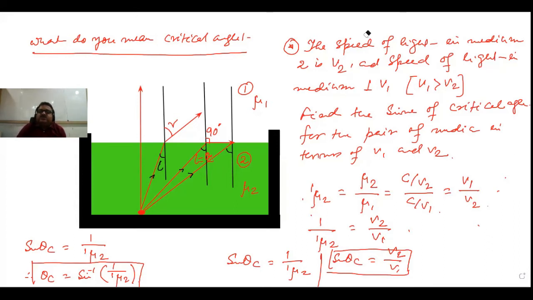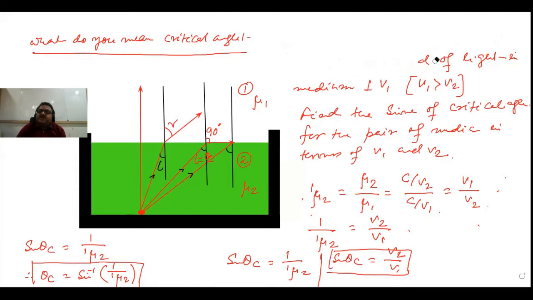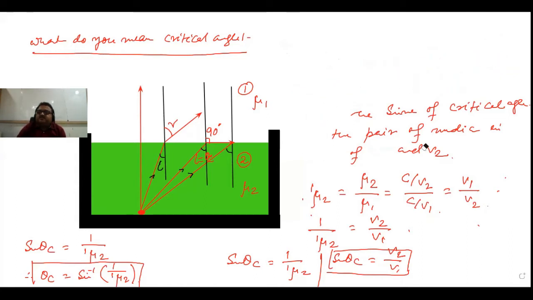Now the question is, if any ray of light falls on the surface of separation at an angle greater than the critical angle for the pair of media, so what will happen?